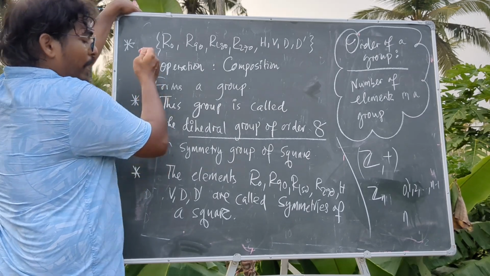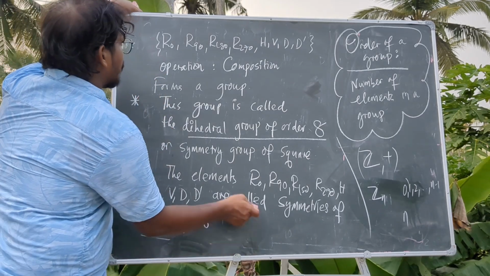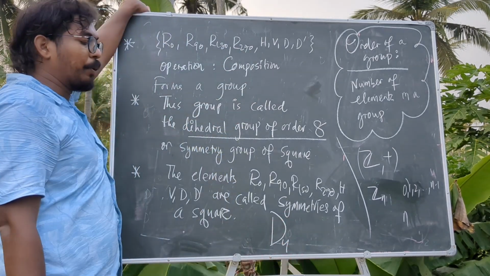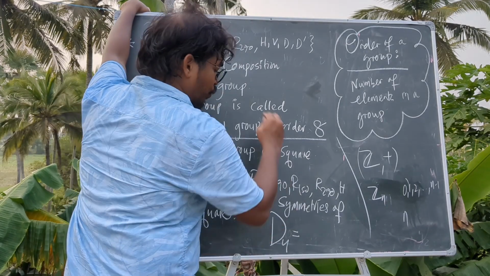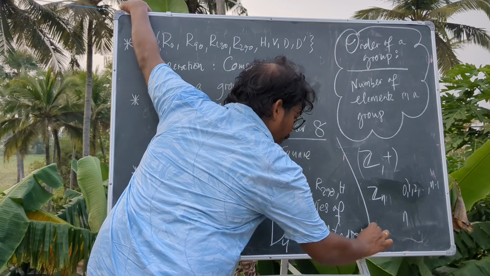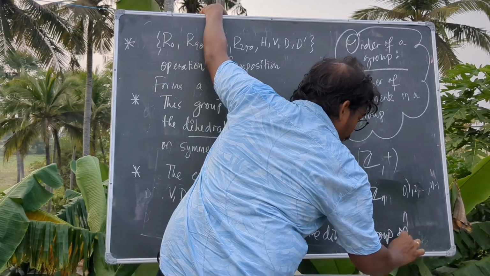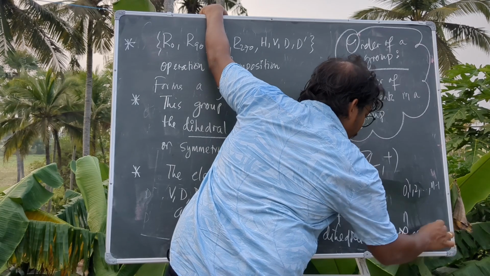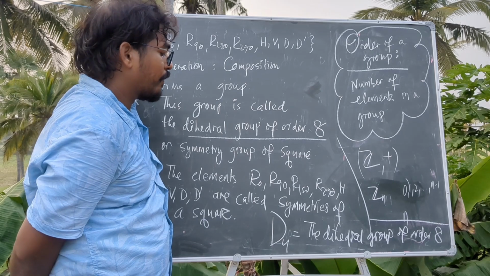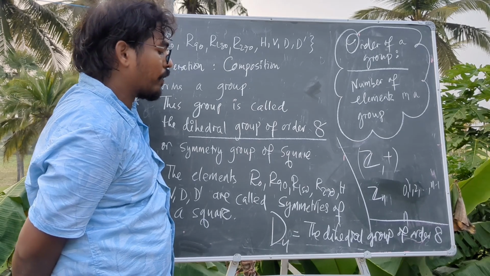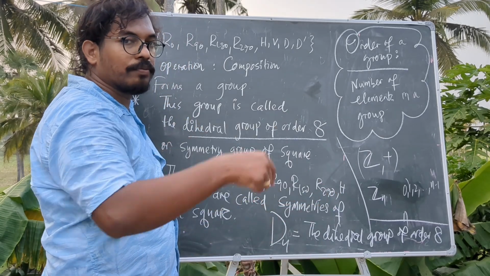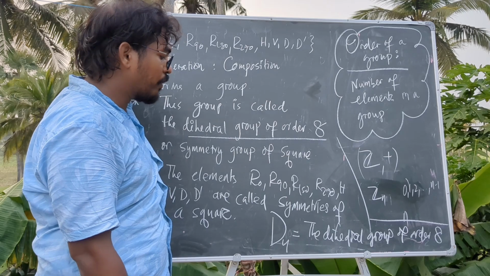And this group has a special notation. This is a special group. This group is denoted by D4. This is the dihedral group of order 8. Some denote this group as D8 and many books denote this group as D4, and 4 stands for the number of sides of the polygon we have. We have 4 sides.